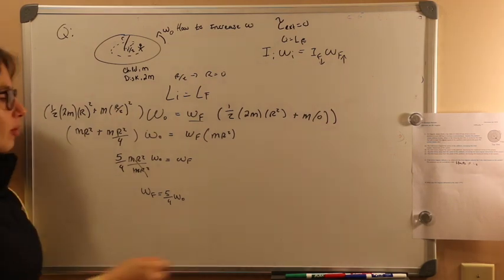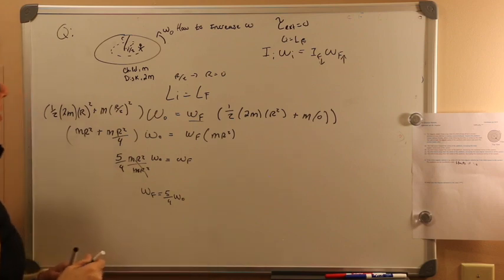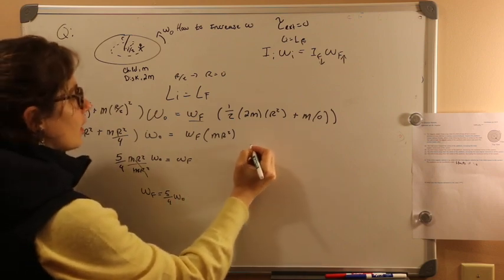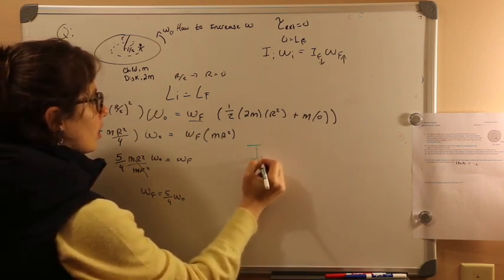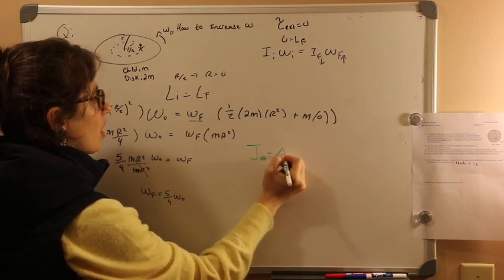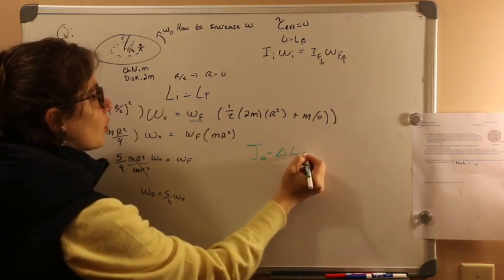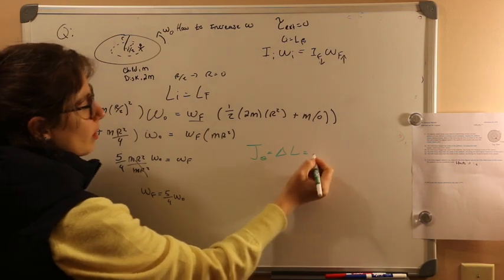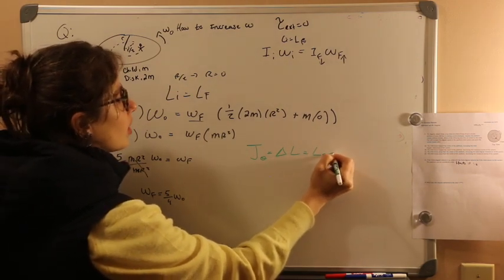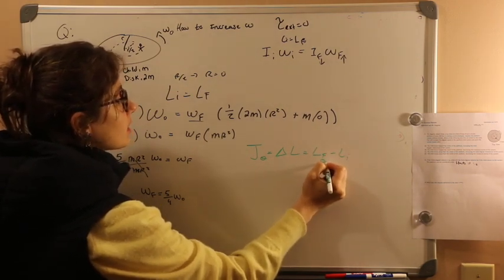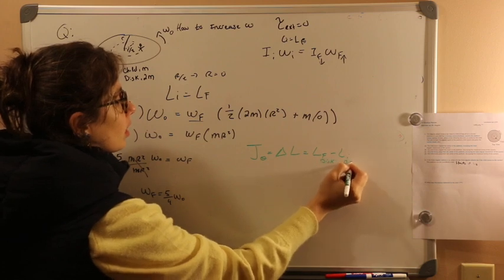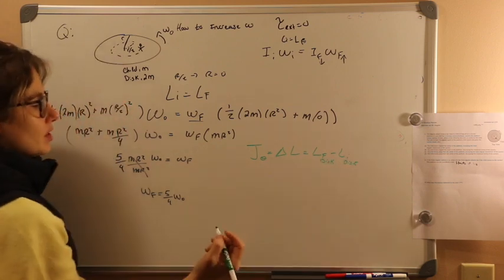So let's look at the angular momentum changing. We're going to find the angular impulse on the disk, so we're only interested in the change of the angular momentum of the disk. So L final minus L initial of the disk, not the system. There's no delta L of the system.